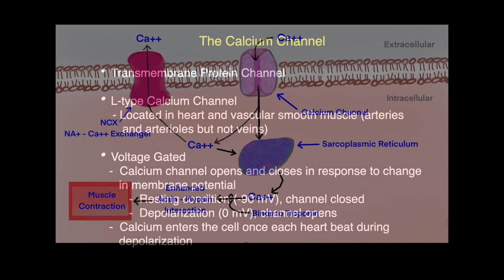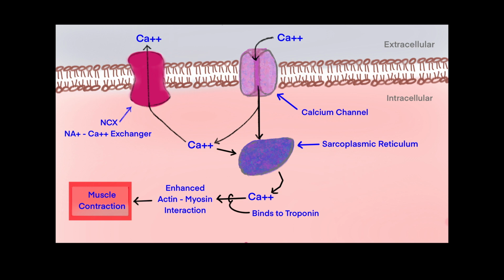This figure summarizes the cellular actions of calcium. First, note that the sarcoplasmic reticulum, represented in the center of this image, is an organelle that stores and releases calcium. It is similar to the endoplasmic reticulum of other cells. During depolarization, calcium enters the cell through calcium channels. Increasing levels of calcium act on intracellular ryanodine receptors, causing the sarcoplasmic reticulum to release more calcium.